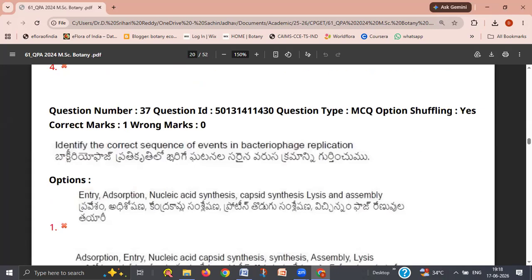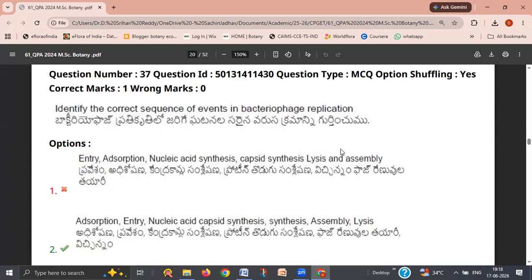identify the correct sequence of events in bacteriophage replication. So you know what are the events present in the bacteriophage replication. The bacteriophage first comes and binds to the cell wall of the bacteria. That is called adsorption.